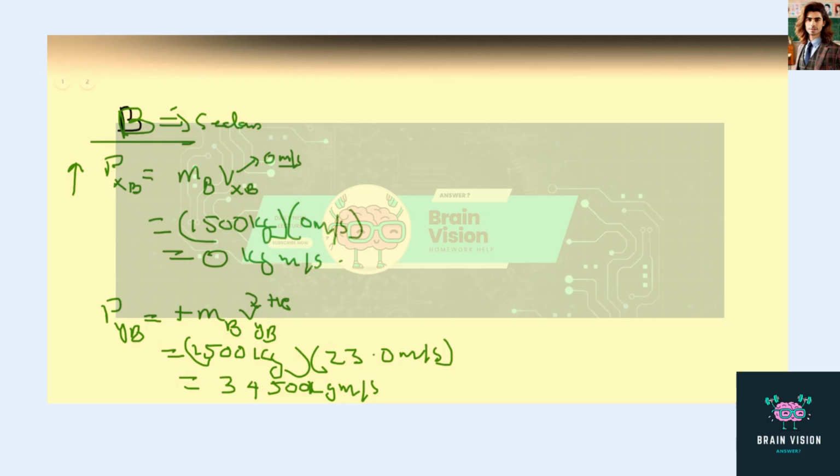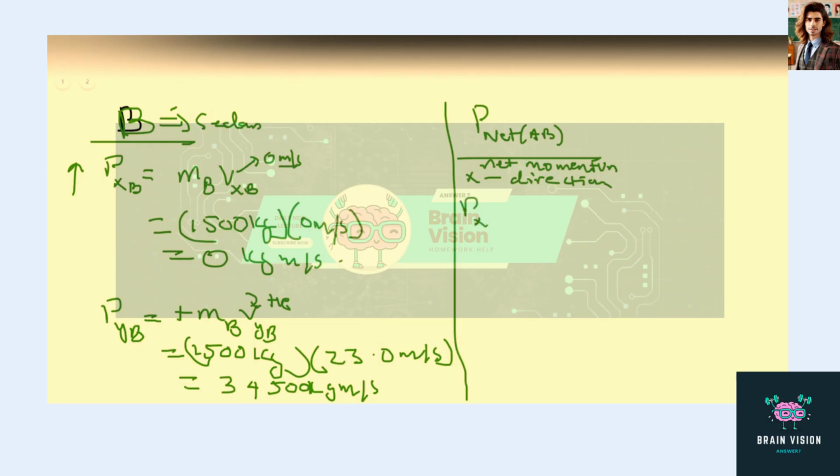components of the net momentum. So the net momentum, we're going to call that P net of A and B. The first one would be the net momentum in the x direction, which we're going to call P x AB, and that is simply the sum of the momentum for A and the momentum for B in the x direction.